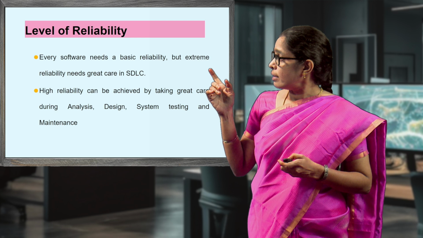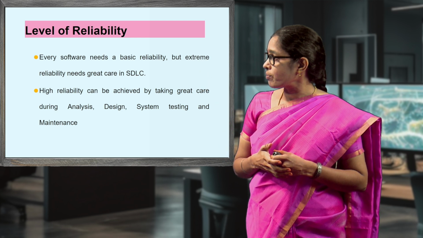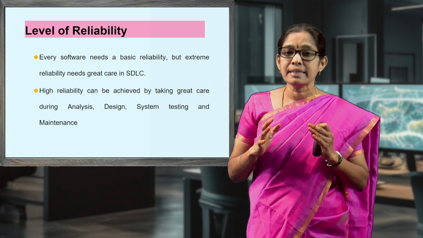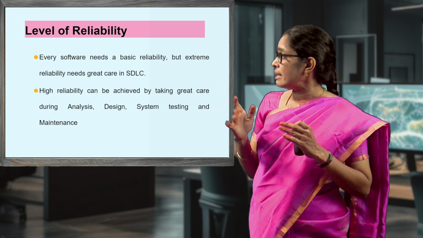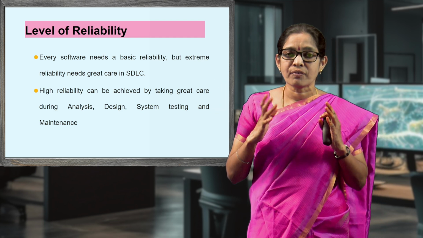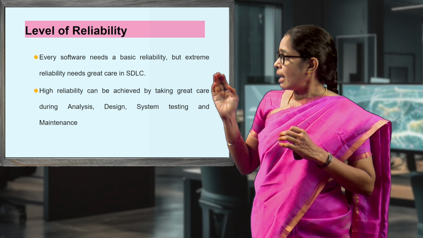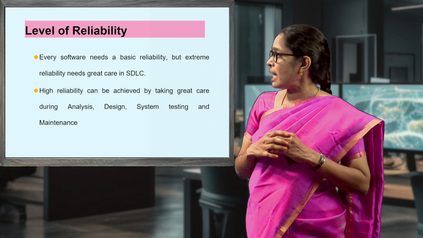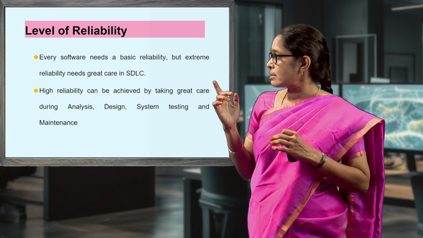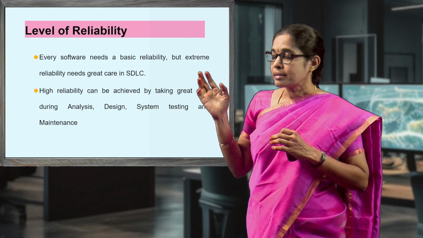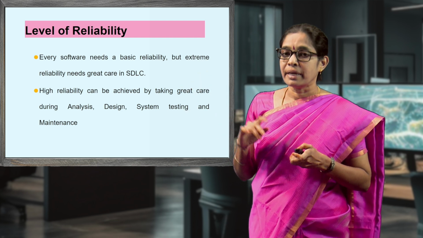Then level of reliability. Every software needs a basic reliability, but extreme reliability needs great care in the software development life cycle. High reliability can be achieved by taking great care during analysis, design, system testing and maintenance.